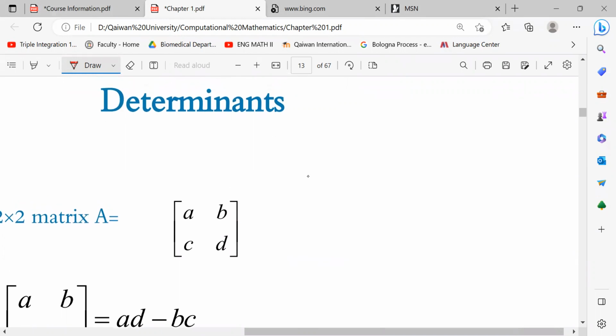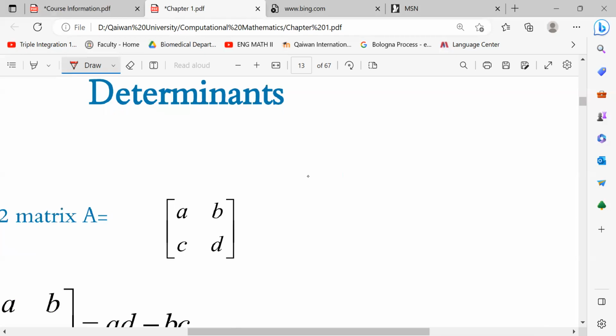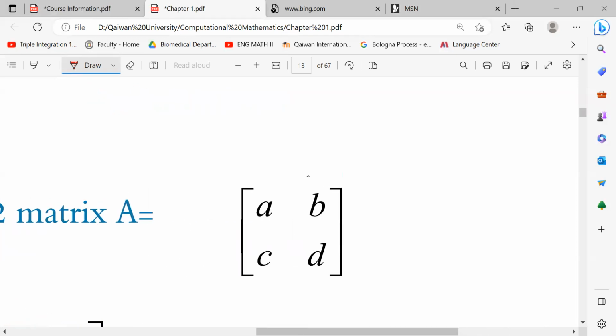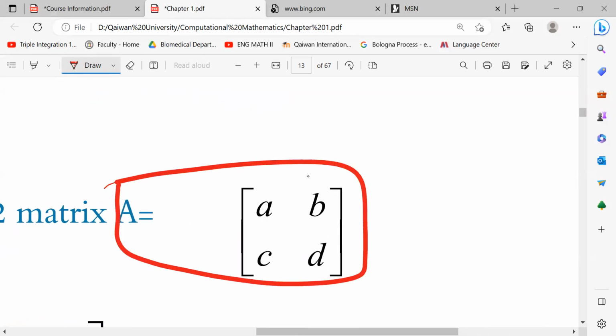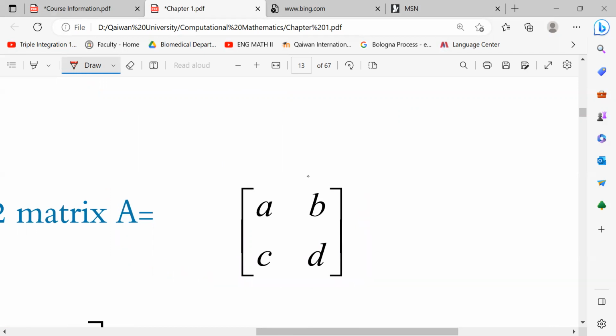Here you just take the determinants for 2 by 2 and 3 by 3 matrices. For 4 by 4 and others, you don't take it. For 2 by 2, it's so easy. If we have a matrix A to be this matrix, it's a 2 by 2 matrix. As you see, we have 2 rows and 2 columns. It's a square matrix.